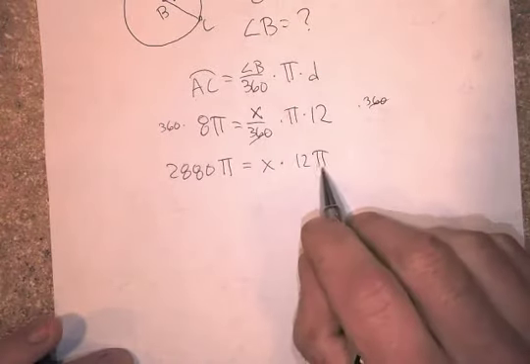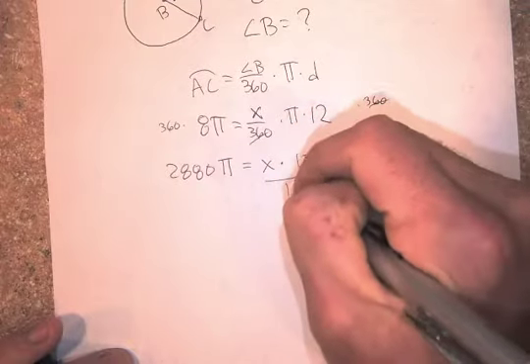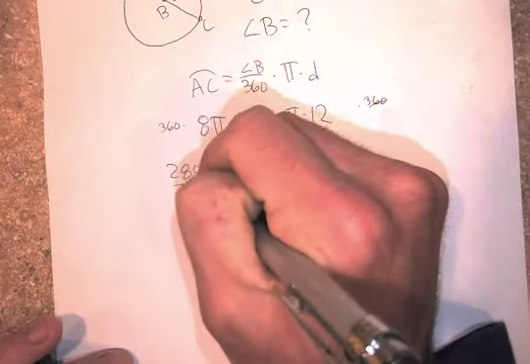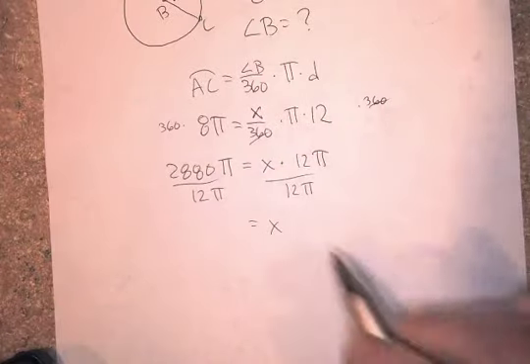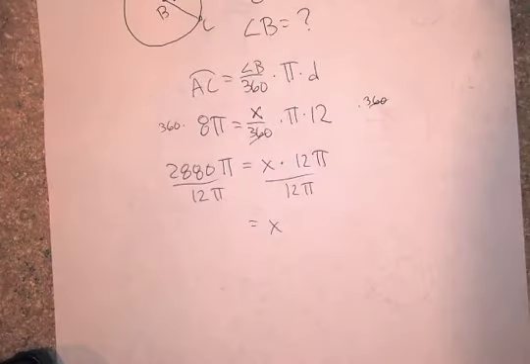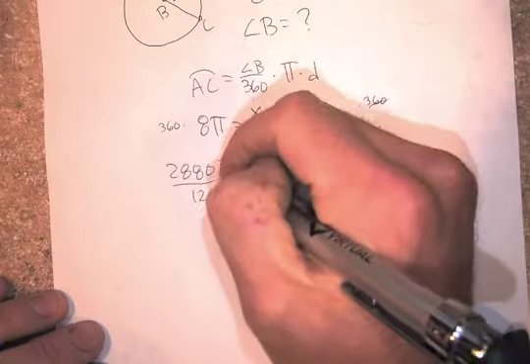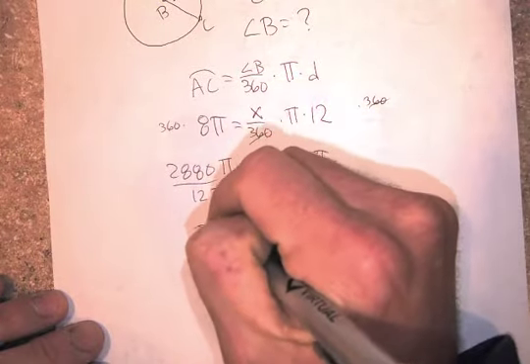Now I could just cancel out this 12 pi, divide each side by 12 pi. In other words, the pi's cancel there. So 2880 divided by 12, the pi's cancel, you're just left with 240.